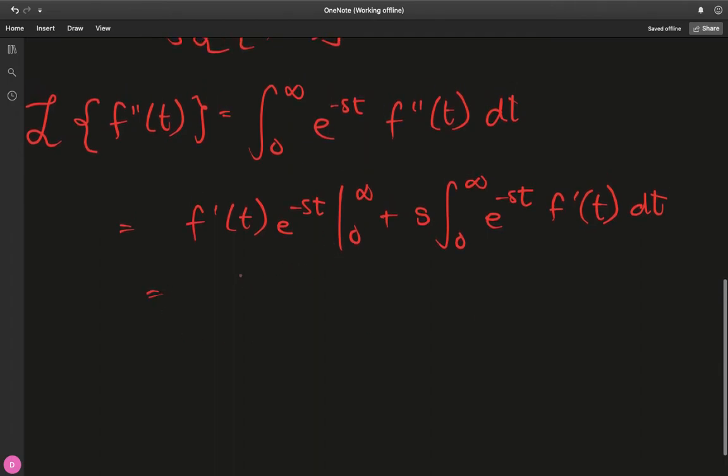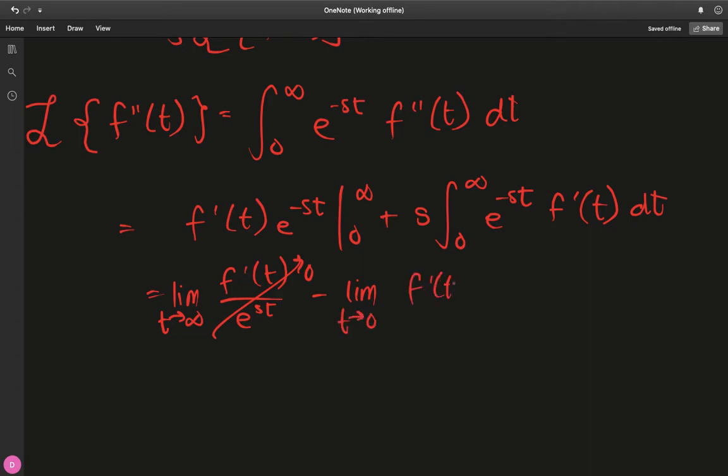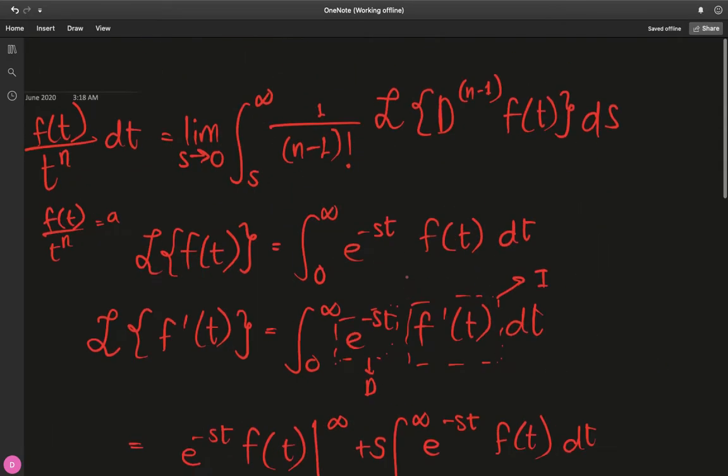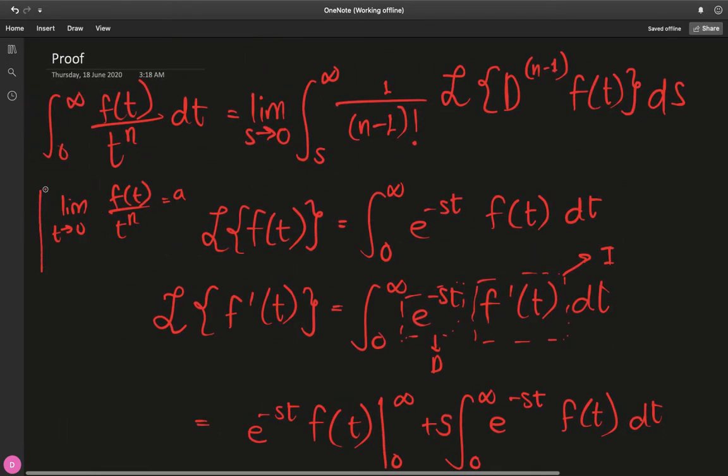Then we can say that f prime of t over e raised to st, in the limit as t goes to infinity, will go to 0, because we have an exponential in the denominator, minus the limit as t goes to 0 of f prime of t over e raised to st. The denominator will go to 1, and we again have to assume that f prime of t as t approaches 0 will be 0, because this was our condition.